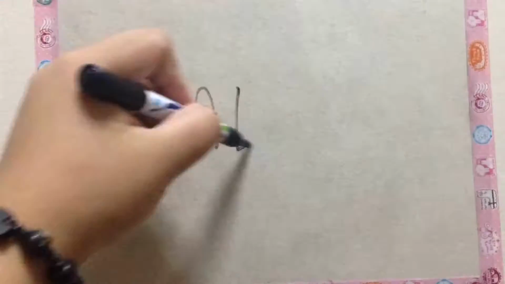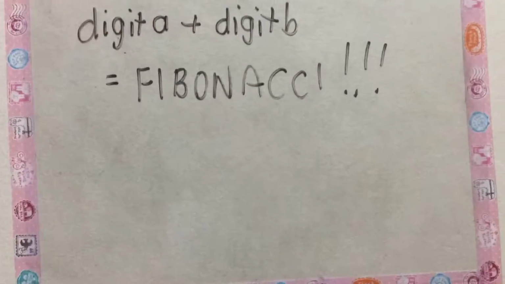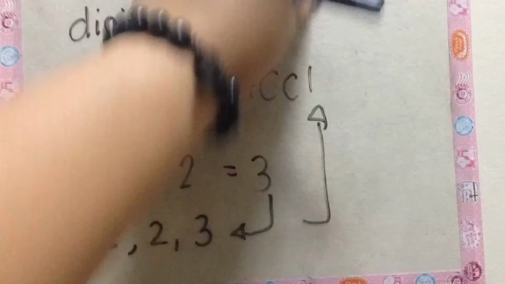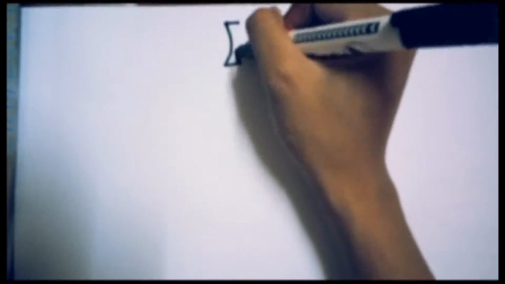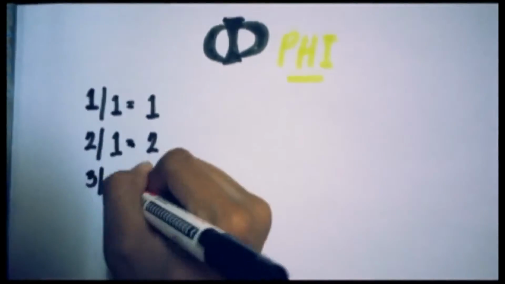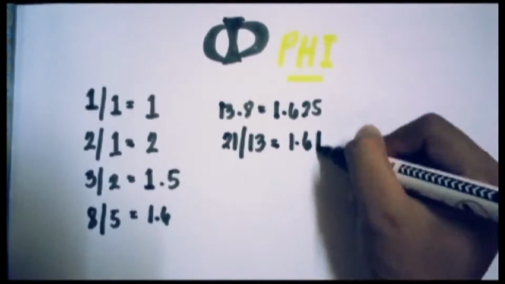To begin with, the Fibonacci sequence is formed by adding the previous two digits in the sequence. An example is 1 and 2, and the sum of those two numbers will be the next number of the sequence. Repeating the process will give you the Fibonacci sequence itself. Another special thing about this sequence is that its ratio is equivalent to the value of phi.